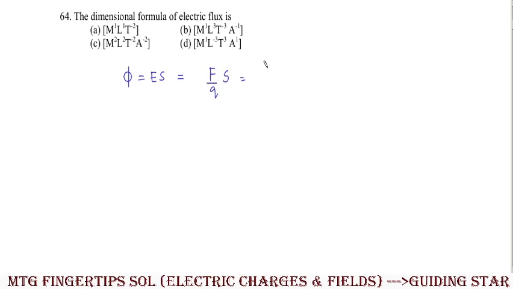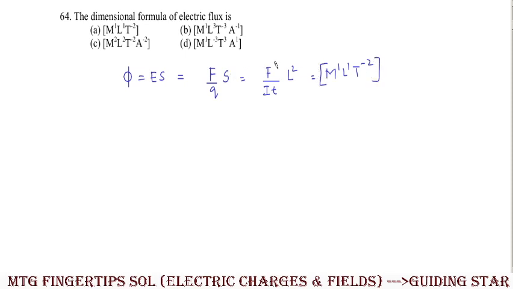So here we can write the force, or you can keep it like this: force, and Q is nothing but current into time, and area is nothing but length square. So finally, the dimensional formula for flux is M1 L1 T power minus 2.